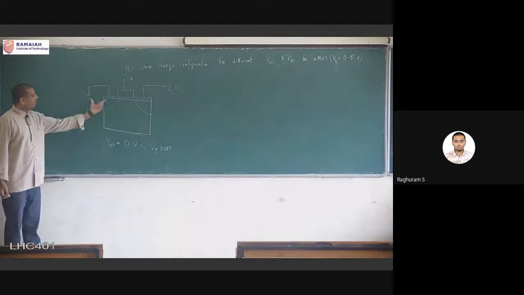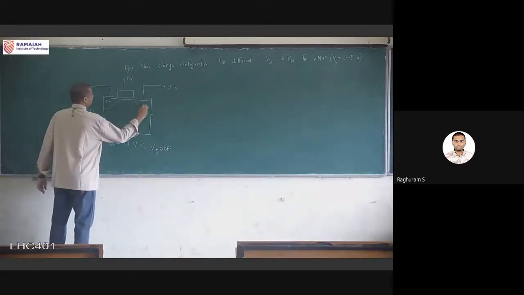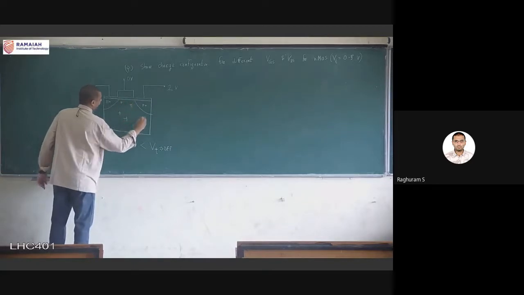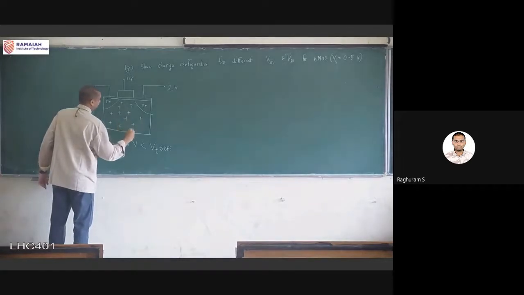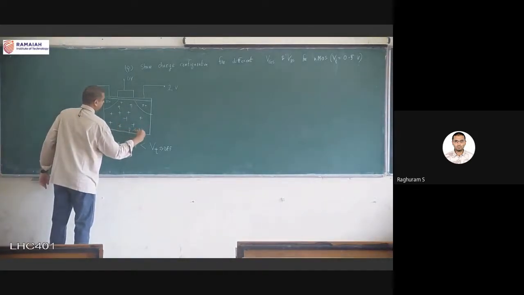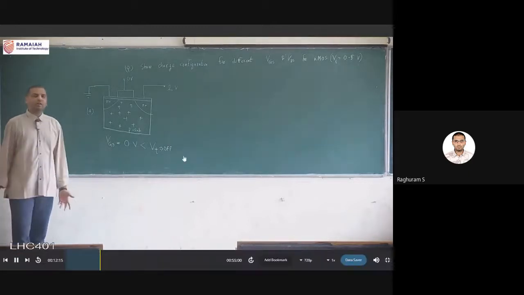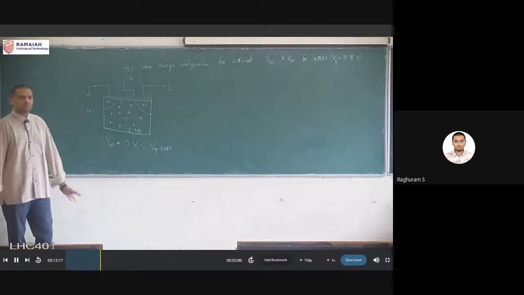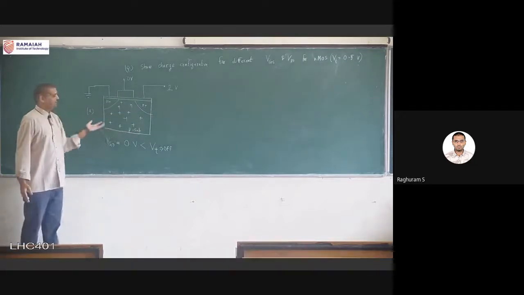Now what about the charges in this region? This is N plus, this is N plus. Absolutely no effect on the substrate region. No channel is formed because throughout it is almost at the same voltage.